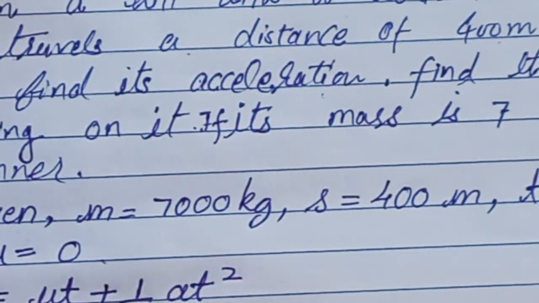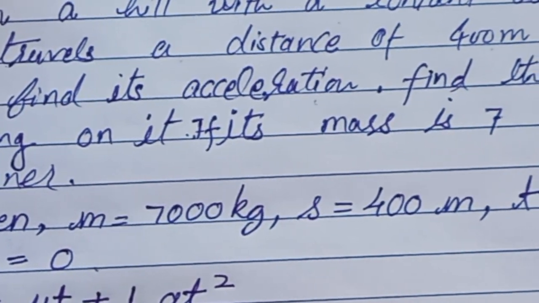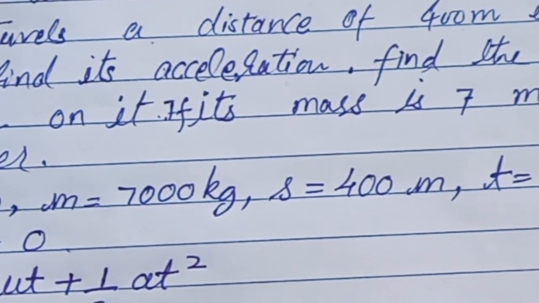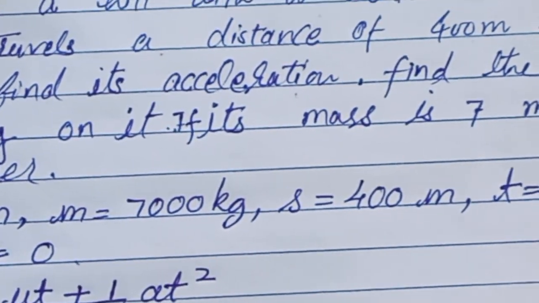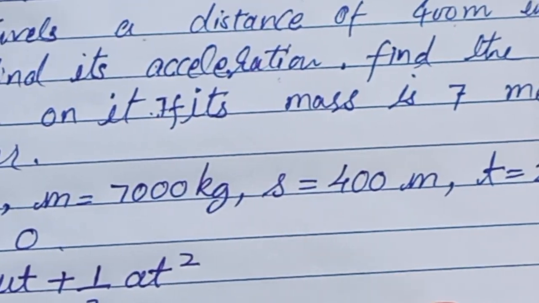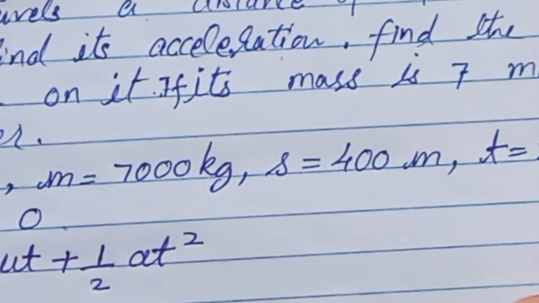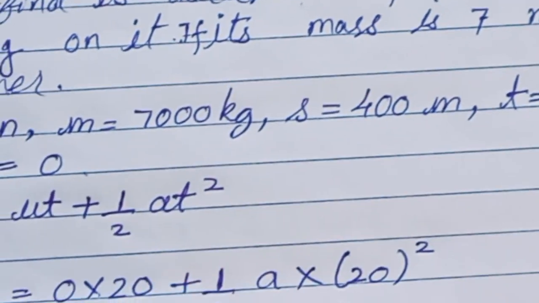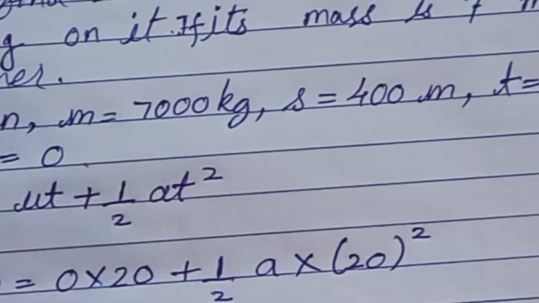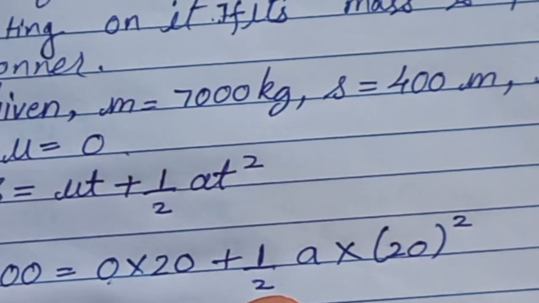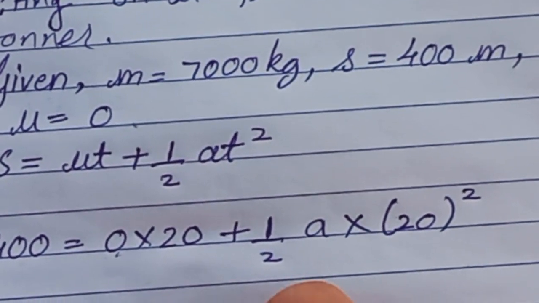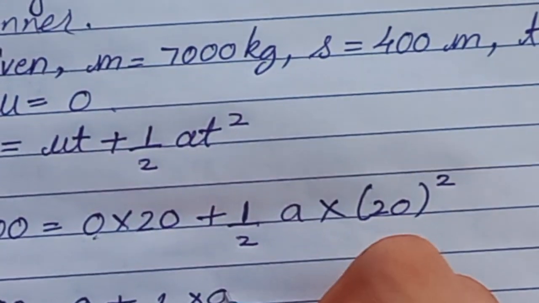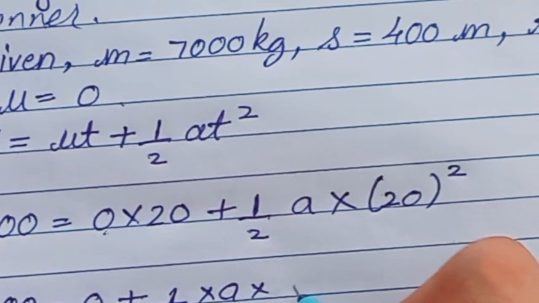So distance is 400, u is 0, time is 20 seconds. So 400 = 0 × 20 + ½ × a × 20².